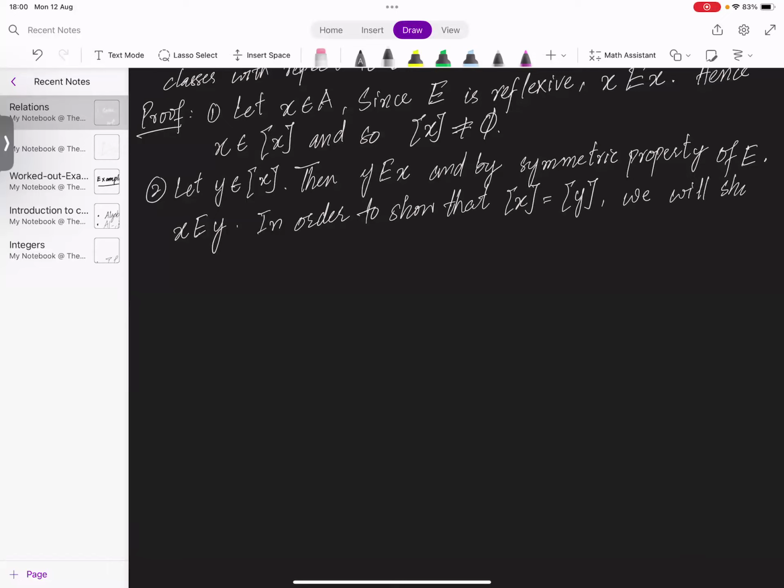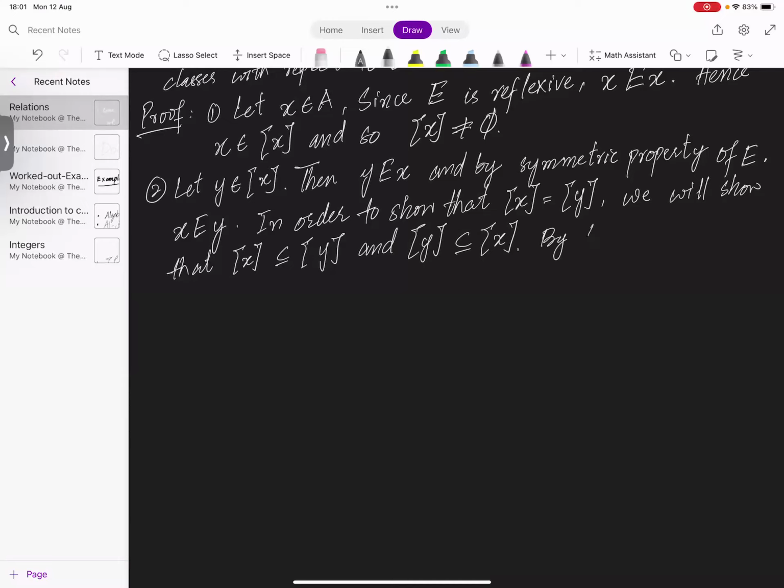We will show that the equivalence class of x is a subset of the equivalence class of y, and the equivalence class of y is also a subset of the equivalence class of x. This result will follow from theorem 1.1.1.